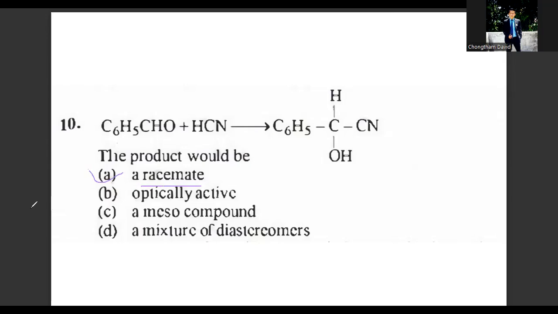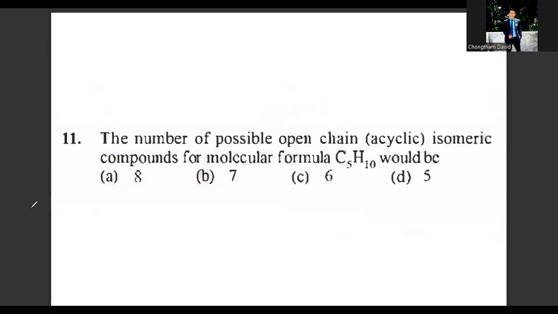Moving on to next question number 11. Let us read: the number of possible open chain isomers for the molecular formula C5H10, it may be pentene, would be. See, C5H10 has 1 degree of unsaturation, that is alkene, right? Since the isomers are acyclic, all of these are going to be alkenes. And for writing the isomers, you cannot have a cyclo product, okay?